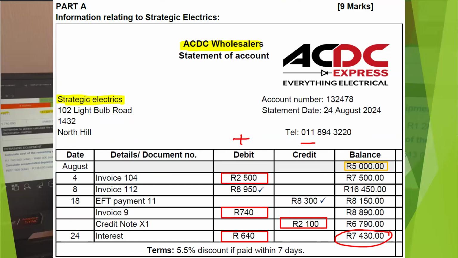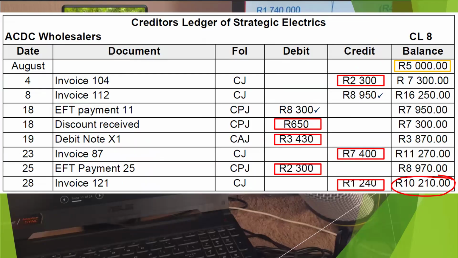The reason why we circle them is because they actually took place after the statement date. So you can simply say these two here, because they took place after the statement date, automatically they will go to your creditor's reconciliation statement because these ones happened after we received a statement of account.